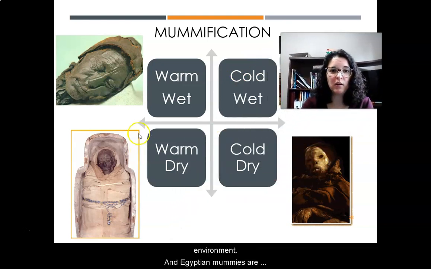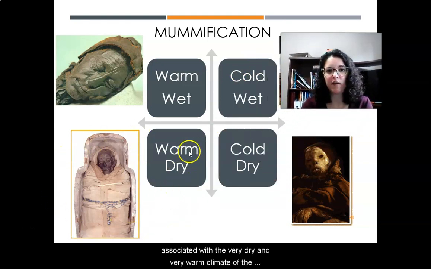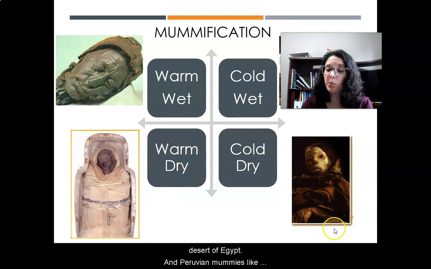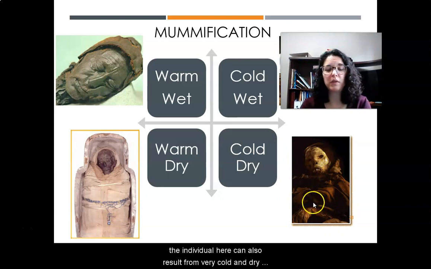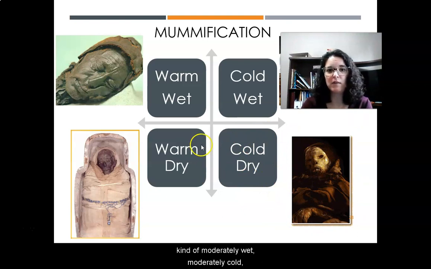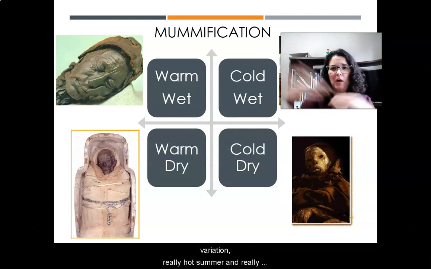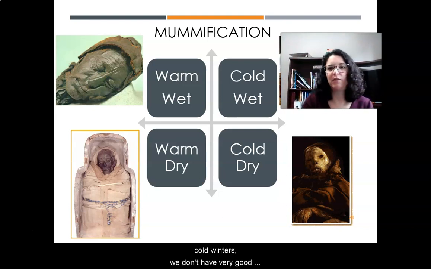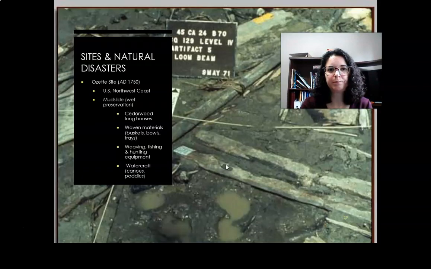Many Egyptian mummies, of course, are associated with the very dry and very warm climate of the desert of Egypt. But Peruvian mummies, like this individual here, can also result from very cold and dry environments. Anywhere in the middle here, kind of moderately wet, moderately cold, moderately warm, moderately dry, and then environments like ours that have a lot of seasonal variation, really hot summers, really cold winters, we don't have very good organic preservation.